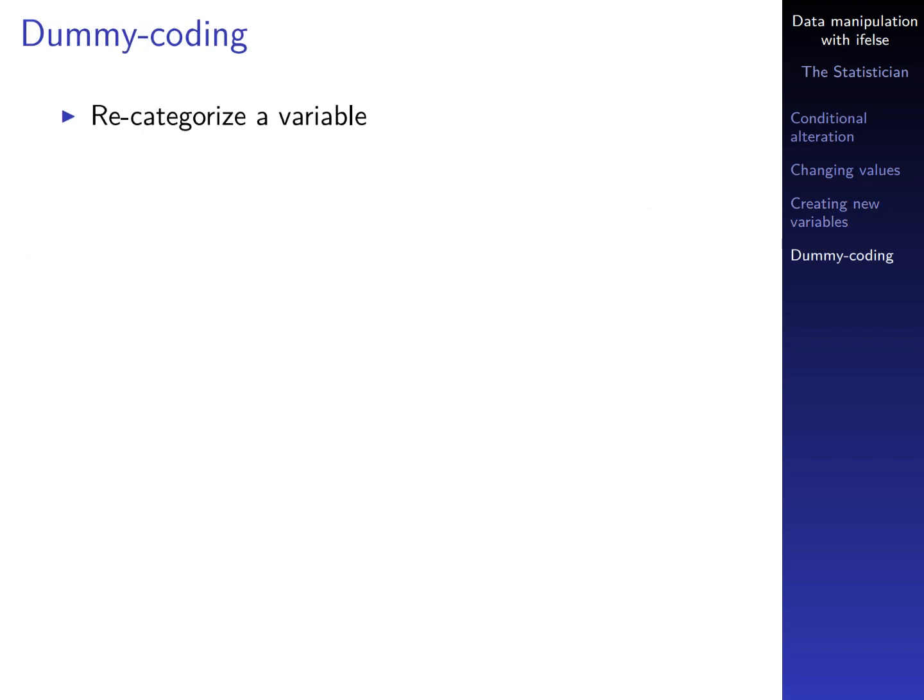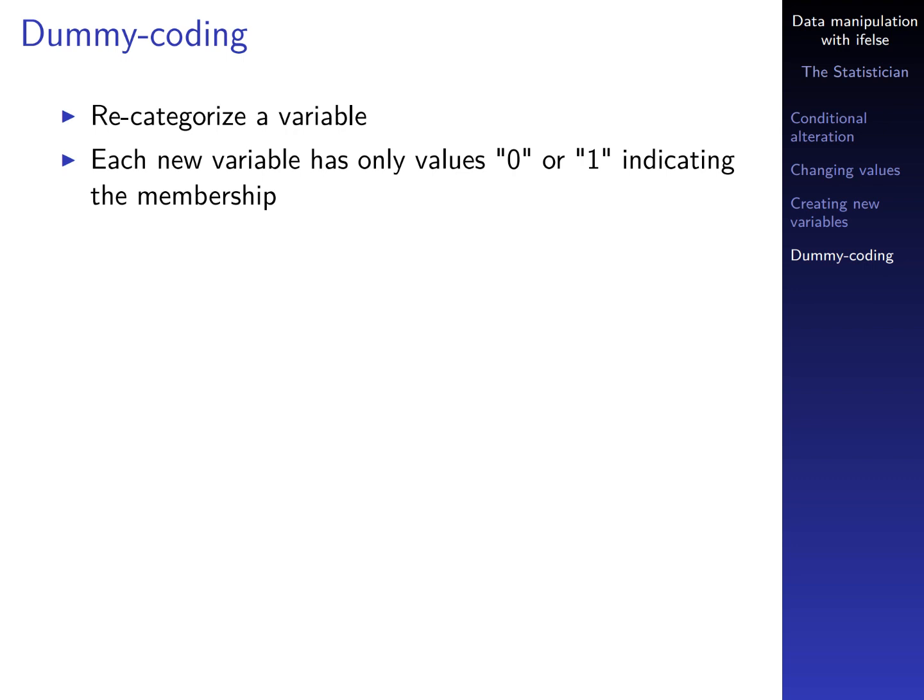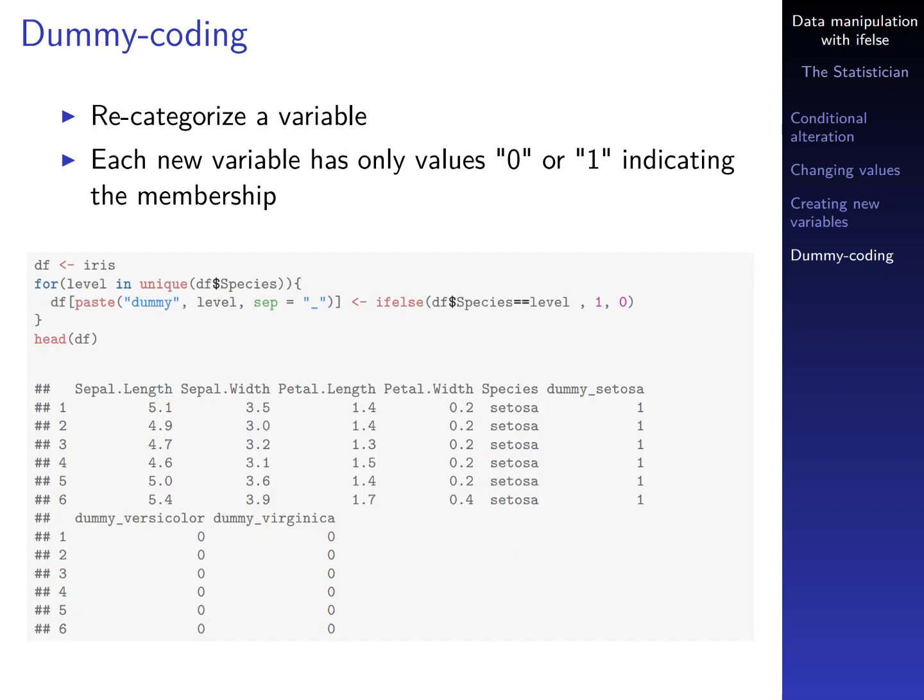Now, dummy coding is important for statistical analysis. A dummy coded variable has only values 0 or 1 to indicate the membership. And let me go through this code.